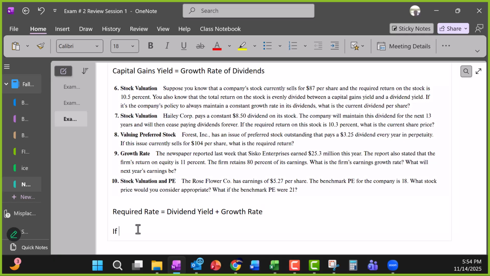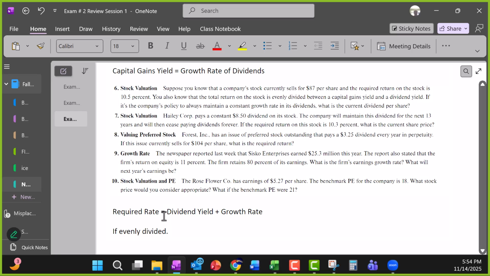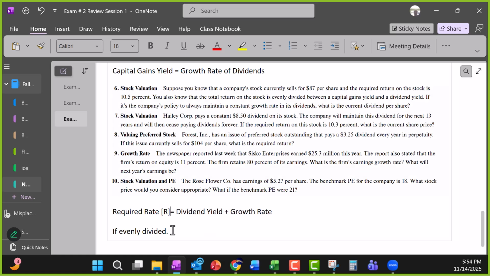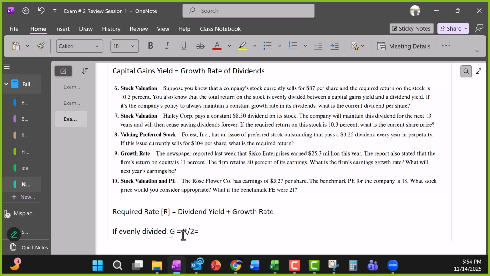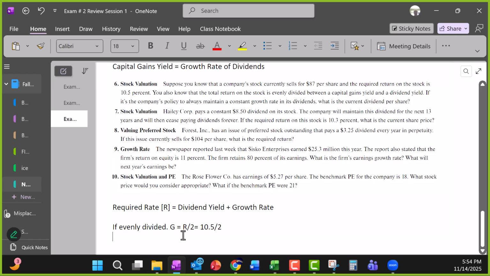So if evenly divided, and I'm going to use R for the required rate of return, growth rate is equal to R over 2, which is 10.5 over 2, 5.25%.